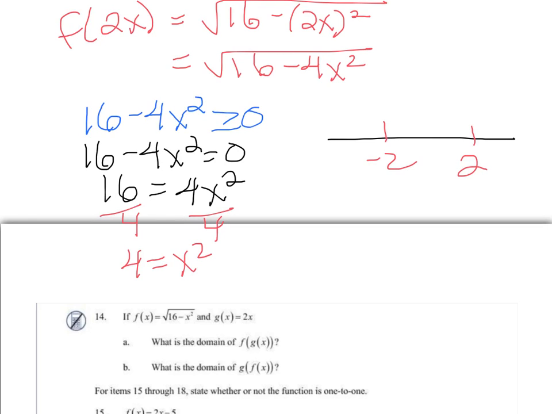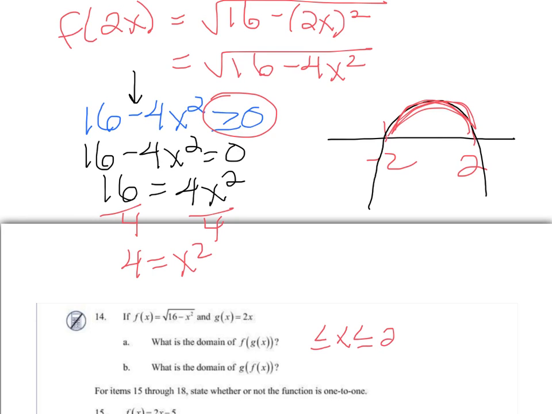And then the parabola is going to open down since that's negative. And I want everything greater than 0. That's up here. So the domain is any x between 2 and negative 2.